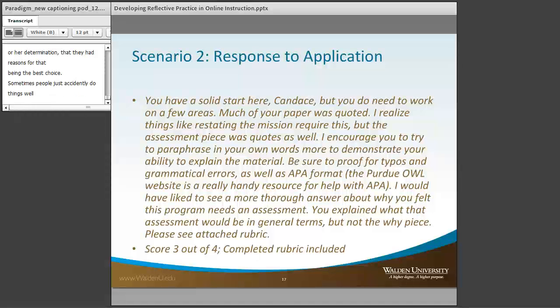We want to develop in them the ability to reflect so that, again, to borrow from the management literature, they're not only competent, but they are consciously competent. Because there are lots of people who are unconsciously competent. They know they do a great job, but they really can't explain why they do.